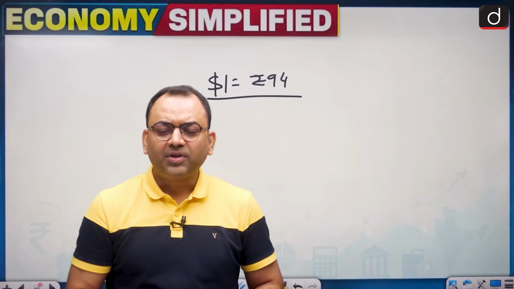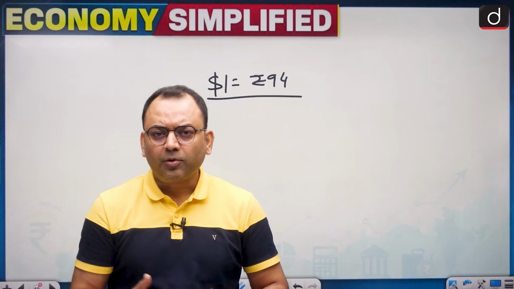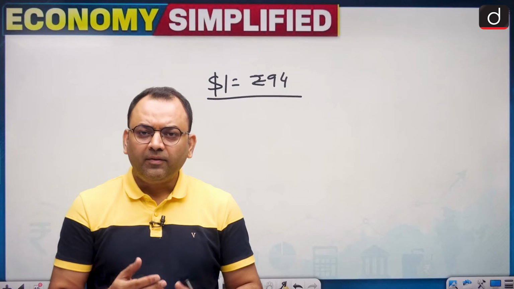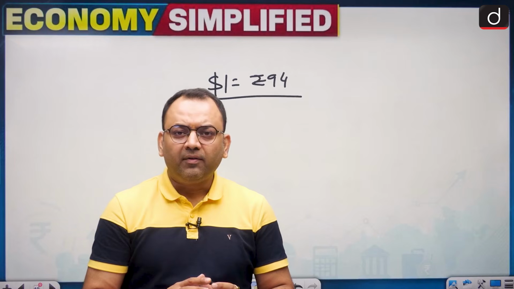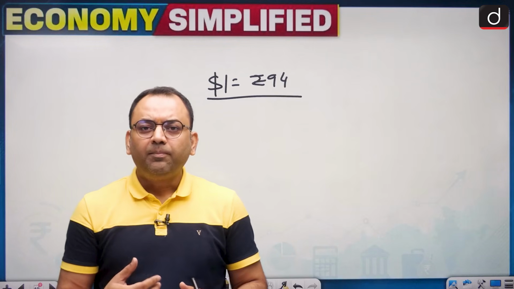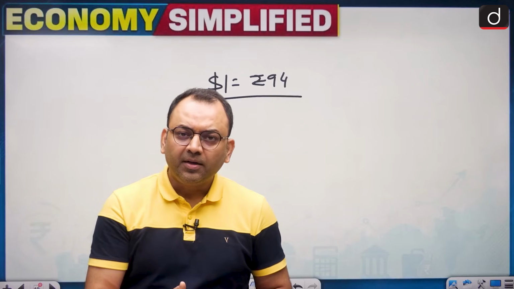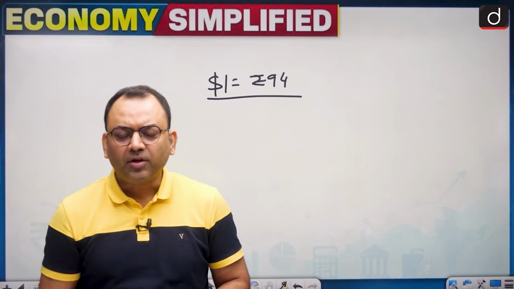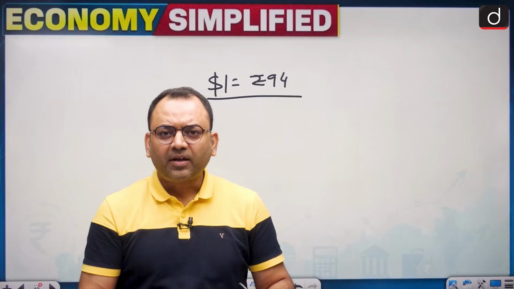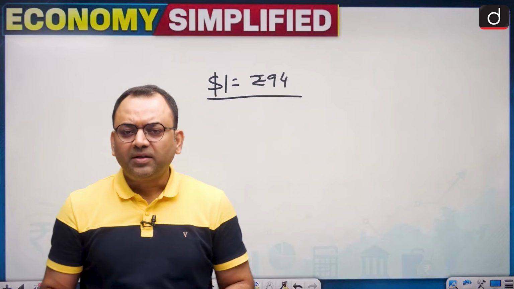And similarly, suppose I import something from abroad. So the exporter and the importer have a deal that I will import, I'll pay you $1. So I will pay rupees 94 to my bank, they will pay $1 to the exporter. So this is the meaning of the exchange rate, which helps the two parties transact, right?